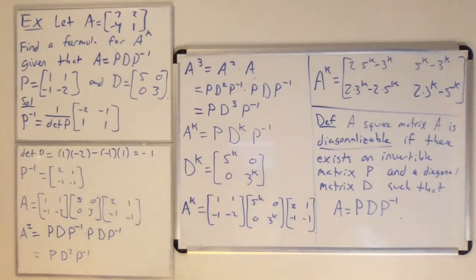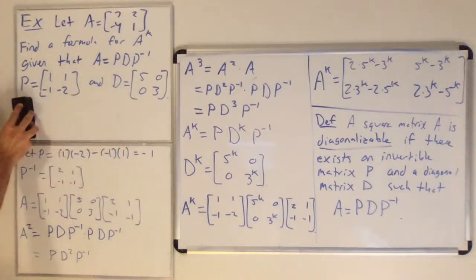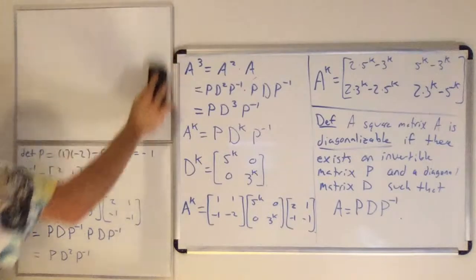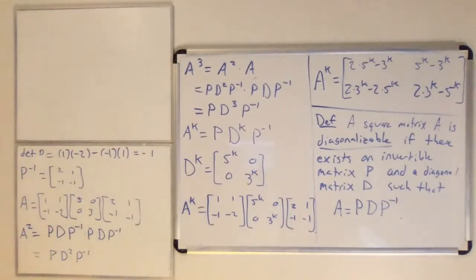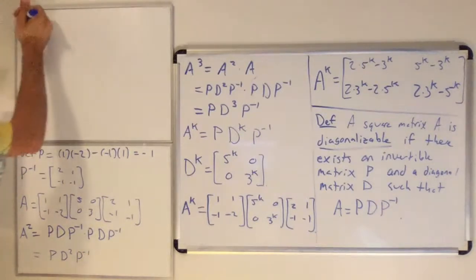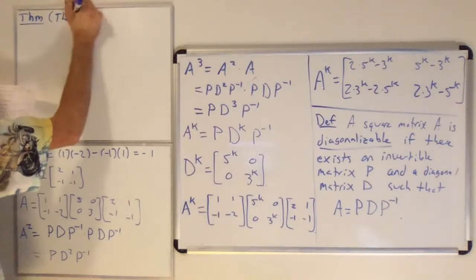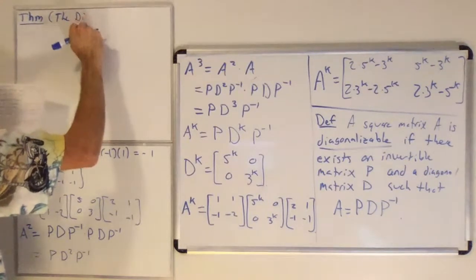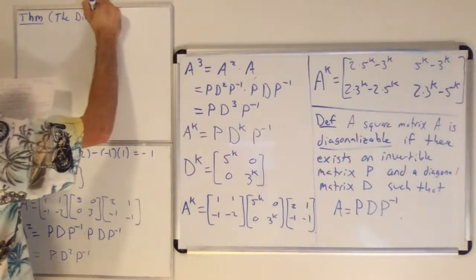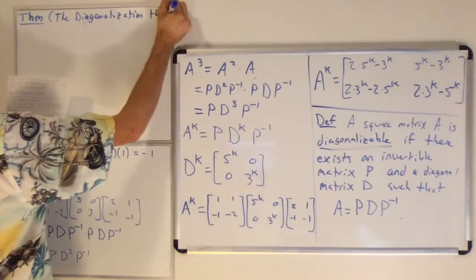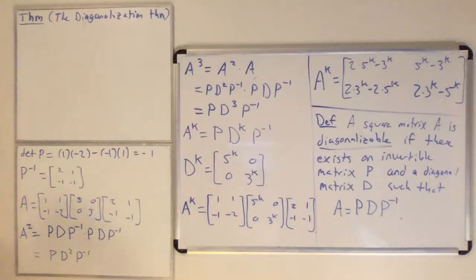Okay, so this theorem that we're about to state will be useful when we want to diagonalize a matrix. It will tell us how to get this matrix P and the matrix D. So this is the diagonalization theorem.